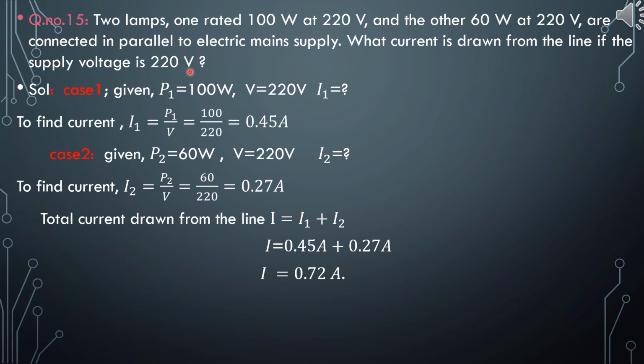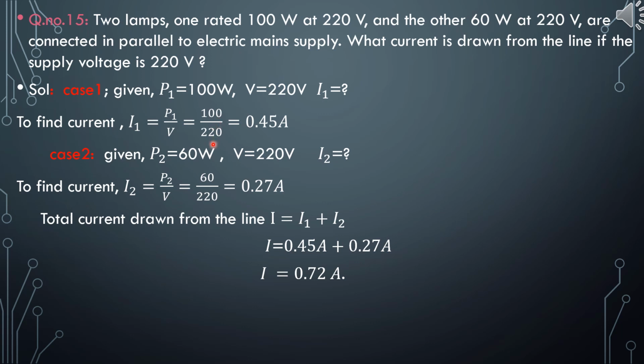Let us write the given. In case 1, given are P1, that is power for a bulb, 100 watt, and potential difference is 220, and asking you to find current, that is I1. To find the current, again by using P is equal to VI formula, I1 is equal to P1 by V. P1 is 100, V is 220 volts.